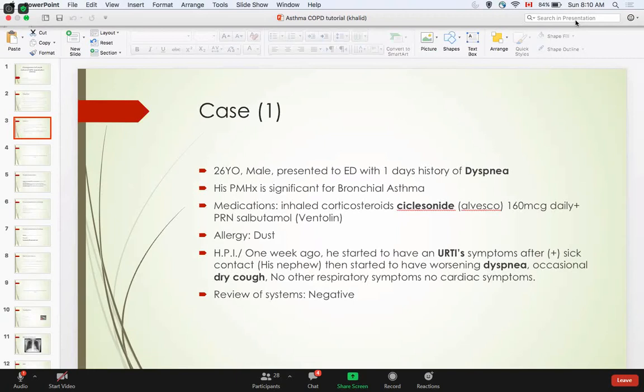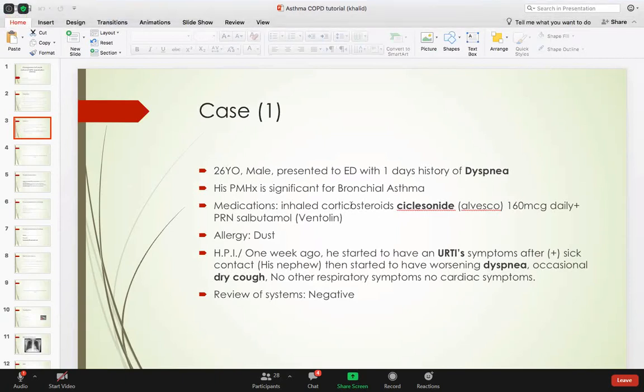This was after a positive sick contact: his nephew was sick with a similar illness. Then he started to have worsening dyspnea. Dyspnea is considered a lower respiratory tract symptom, not upper, as well as an occasional dry cough, with no other respiratory symptoms and no cardiac symptoms whatsoever. His review of systems was negative.